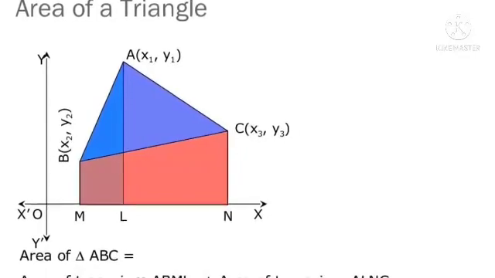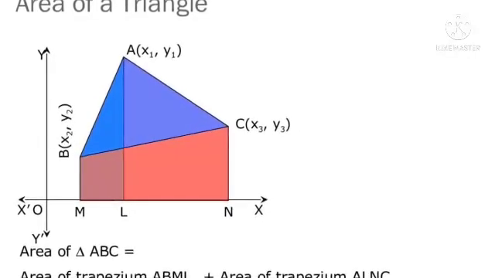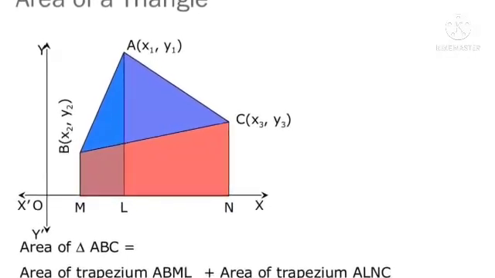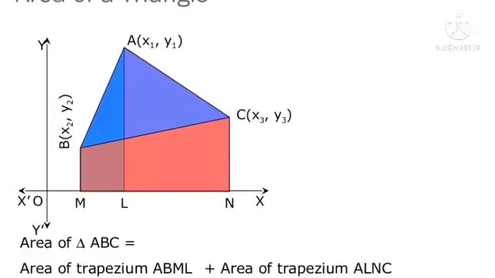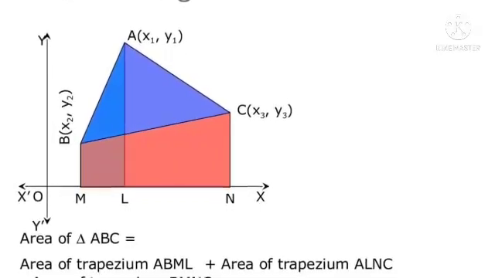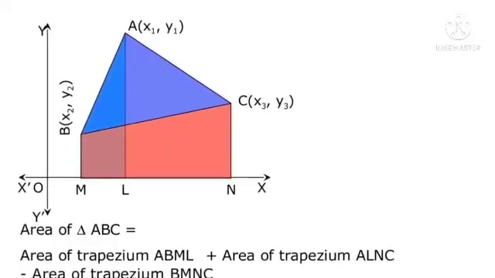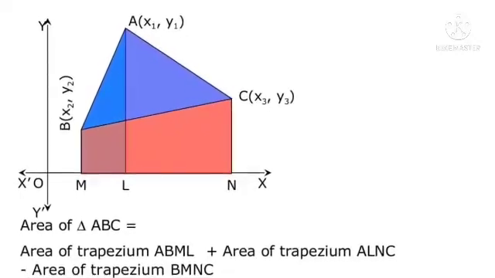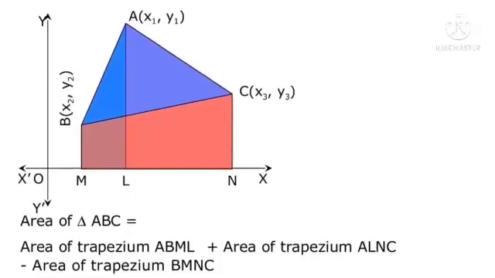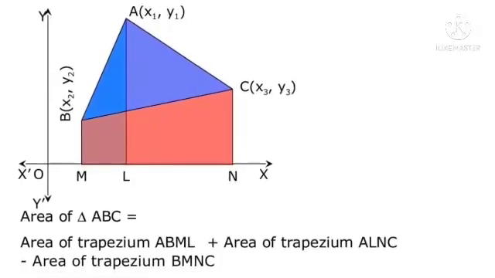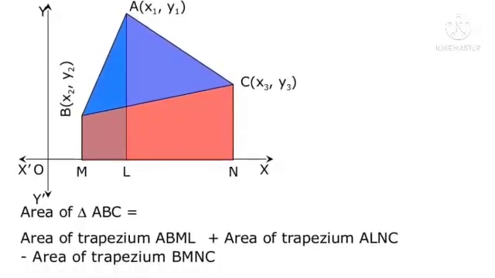Area of a triangle. This is the figure showing the following graph. Area of triangle ABC is equal to area of trapezium ABML plus area of trapezium ALNC minus area of trapezium BMNC.